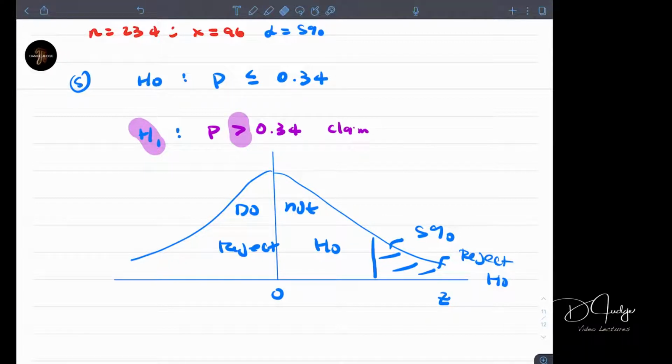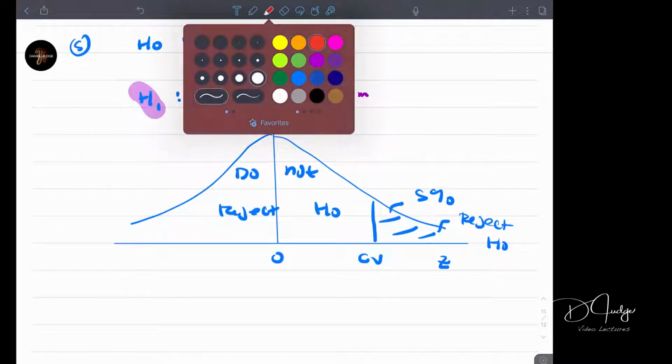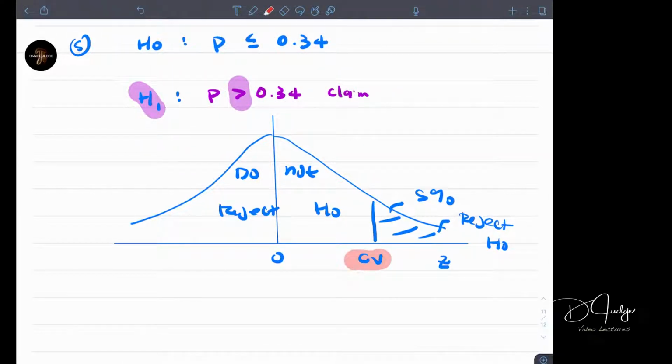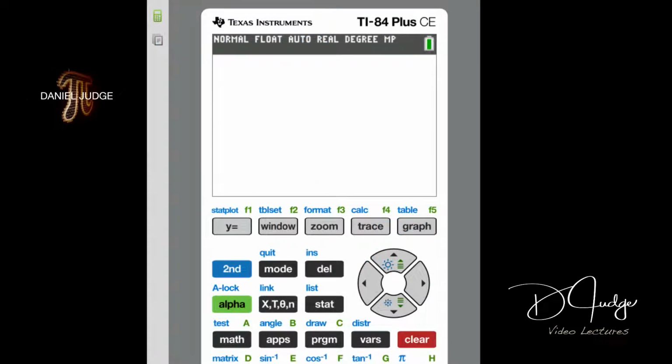Okay, so we need now critical values. And actually only one critical value. We need that threshold value. Okay, so what calculator do we have now? So if we go to the TI now, I'm going to clear that out.